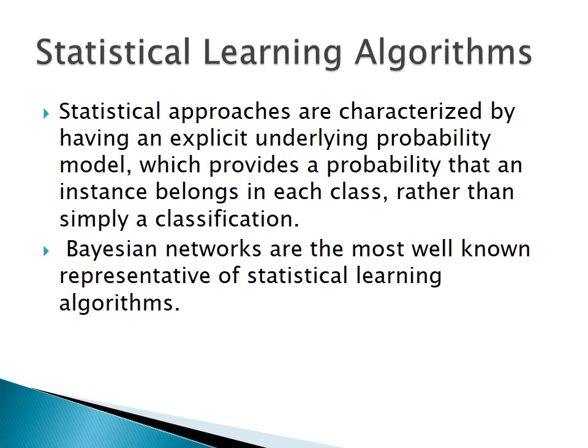Statistical approaches. Now, statistical learning algorithms. Before going to this, what do we have in machine learning techniques? There are so many techniques. Particularly in supervised machine learning, we have so many techniques to implement the algorithms.